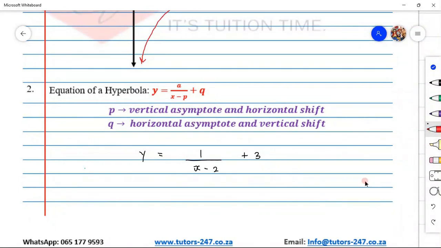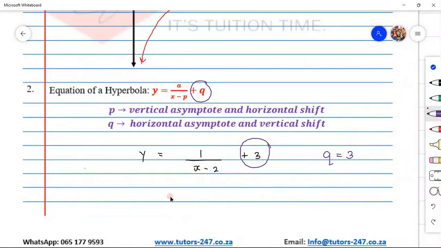So, the easiest one to extract would be Q. We can see the position of Q and we can see the position of our 3. Now, Q is just a constant after your function, or it could be before your function depending on how the question is structured. So from this we can automatically state that Q is equal to 3.